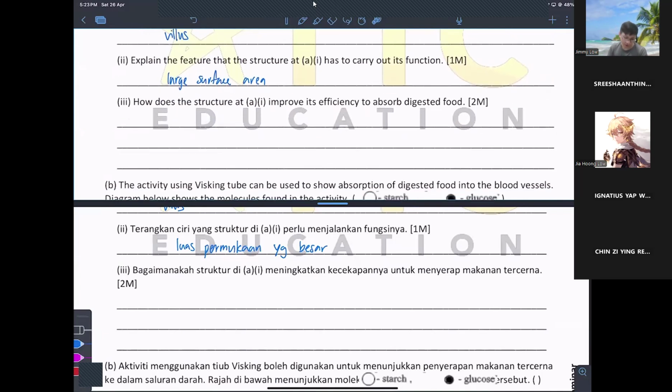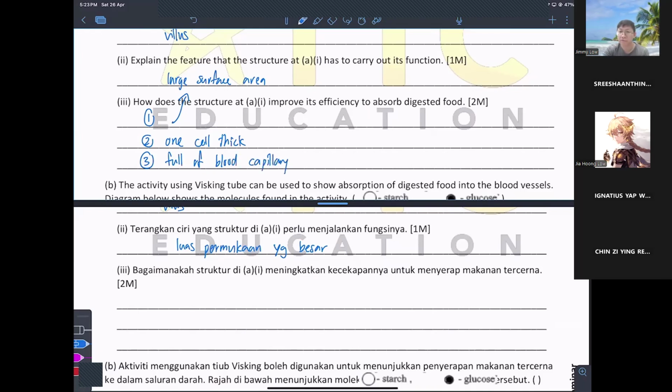But this is one point. What about the second point? You can say the large surface area refers to here. The second point you can say one cell thick. One cell thick allows the food to easily enter the bloodstream. Or else, third, you can say full of blood capillaries.